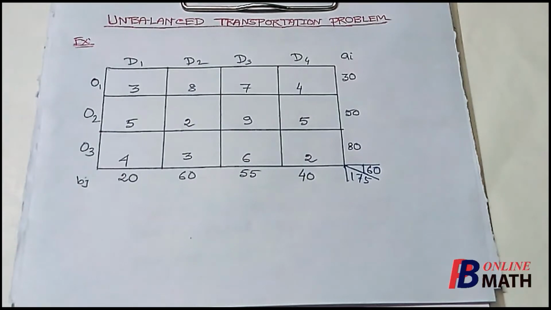That means we have to introduce one fake origin. Suppose we introduce the fake origin O4 such that the capacity of the origin O4 will be 15 and the cost values will be 0. So let us introduce it.